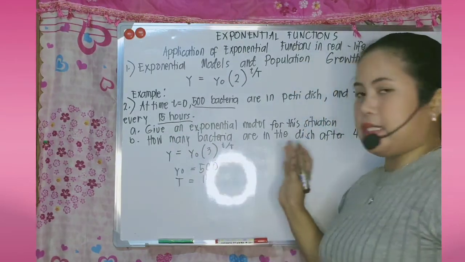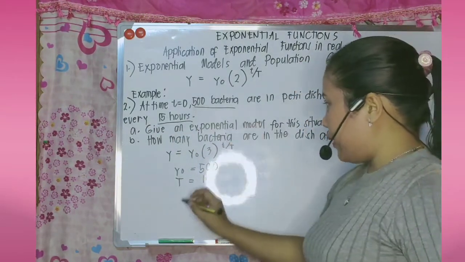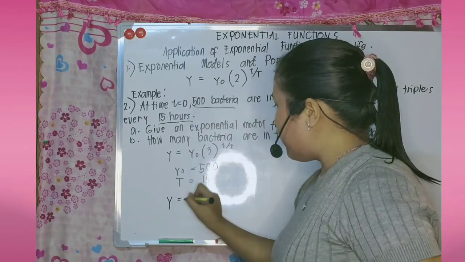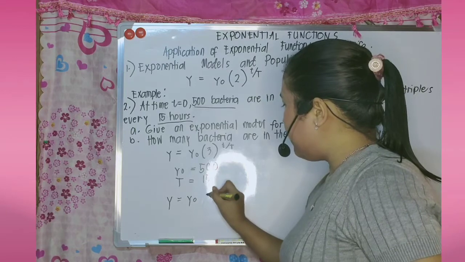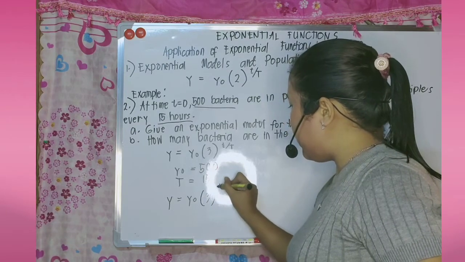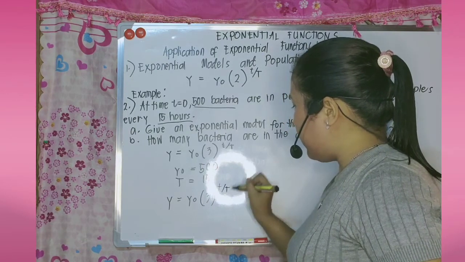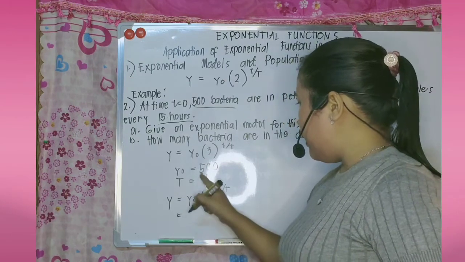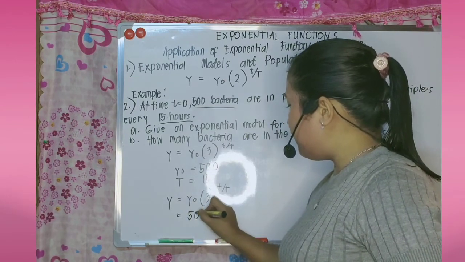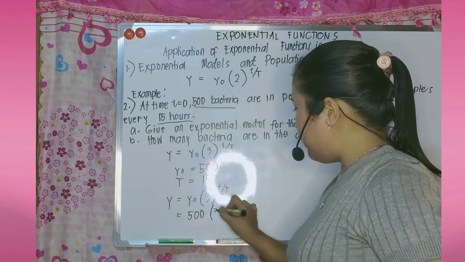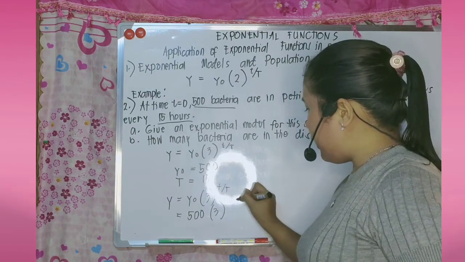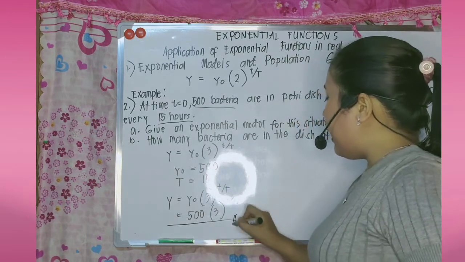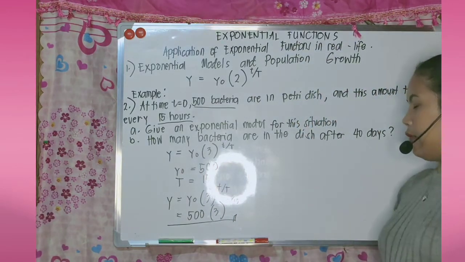After nyan, i-distribute lang natin siya sa given equation. So, we have y equals y sub 0, 3, because triple, then t over T. Okay? So, distribute na natin. So, we have 500, then 3, raised to t over 15. So, ito na po yung ating exponential model for this situation.